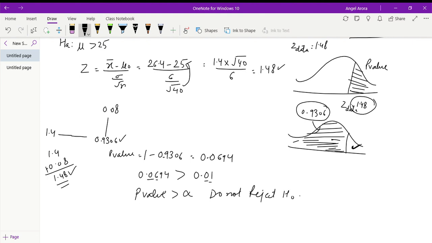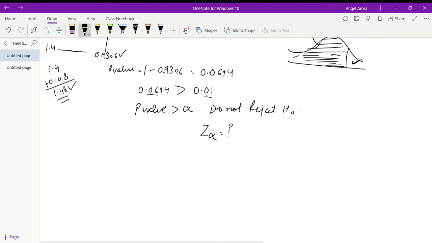Now the critical value approach. For the critical value approach, we will have to find out the value of z alpha. The test statistic value, we already know that. We will compare these two values. So what will be z alpha? Alpha is 0.01.